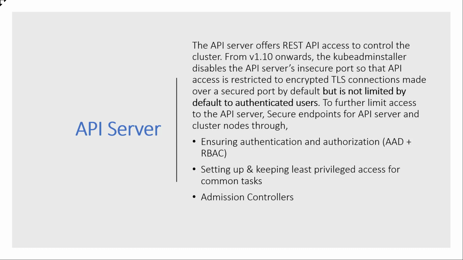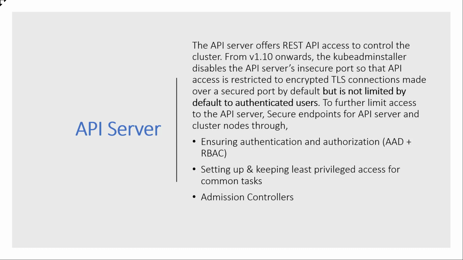I don't remember off the top of my head, but you will see it in that CLI command line. The important thing to note here is that though you are using TLS connections, it is not limited by default to authenticated users. That means it is wide open, and as a result, we as cluster admins, or from the strategy point of view, have to take care of it.